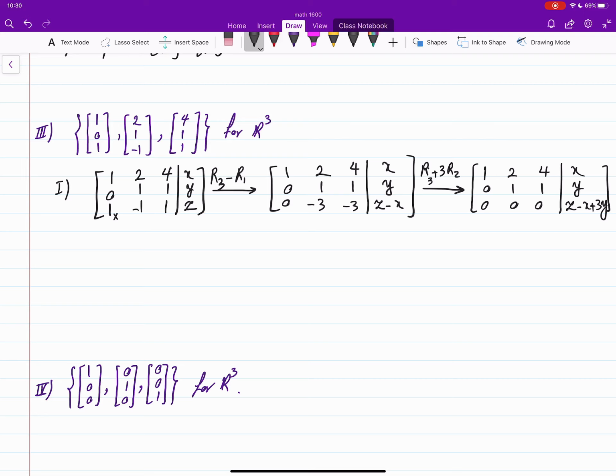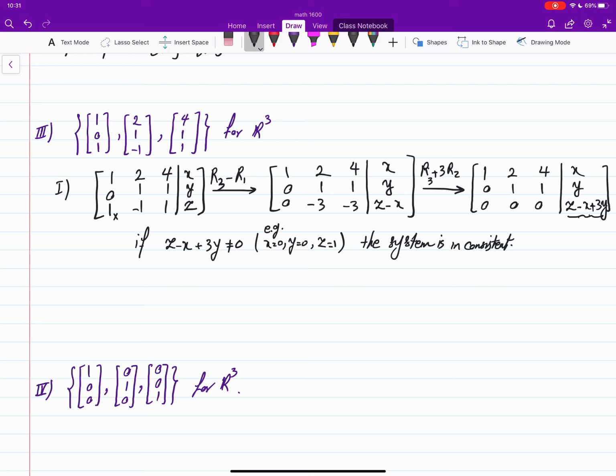And as you can see, if this is non-zero, this is inconsistent. So if x minus y plus 3y is non-zero, for example, take x equal to 0, y equal to 0, and z equal to 1, then the system is, this is just an example, the system is inconsistent, meaning that it doesn't span all the x, y, z.